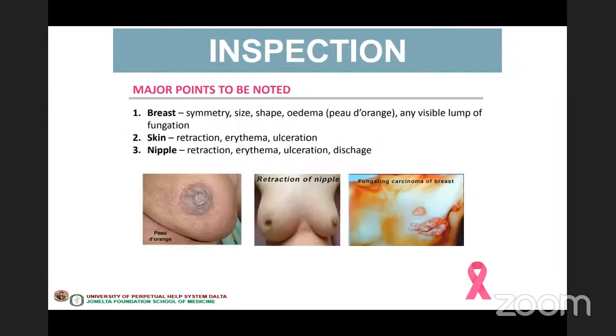Okay. For inspection, you look at the breast shape, edema, any lump or fungation. Look for any retractions, erythema, ulceration, nipple retraction, or discharge.